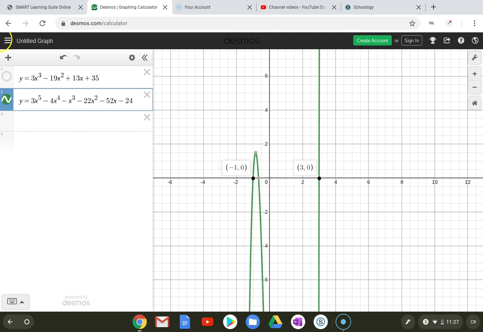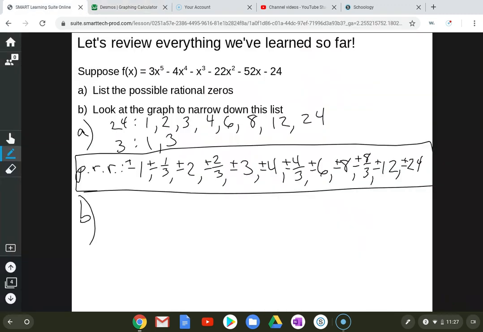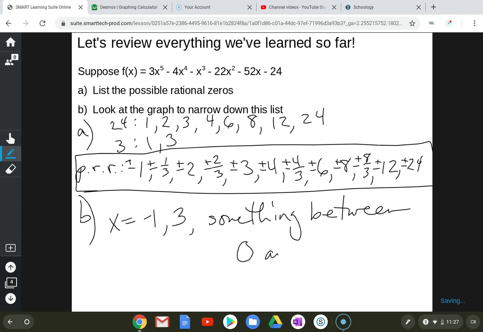So we have x equals -1, x equals 3, and then something between 0 and -1. All right, next step.